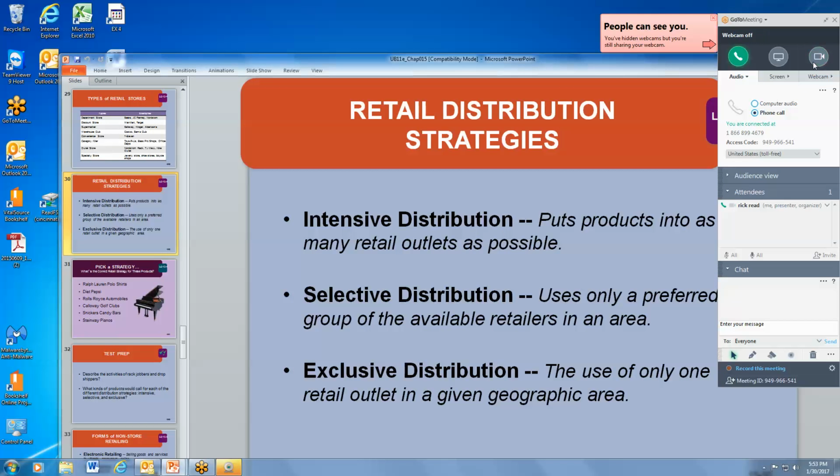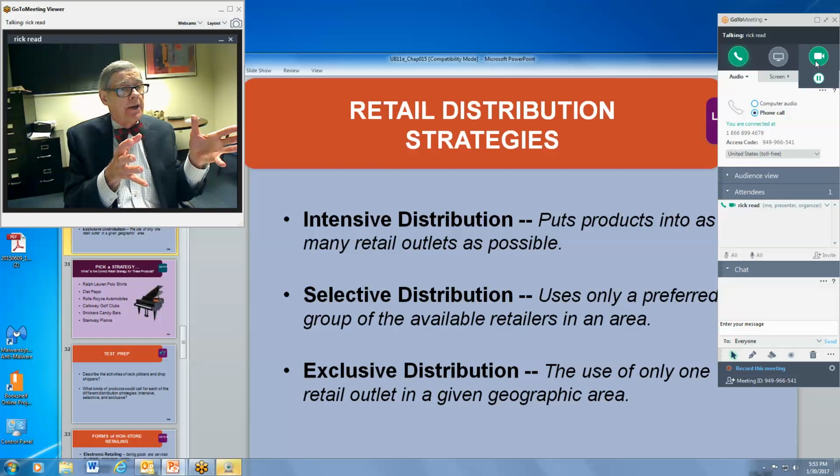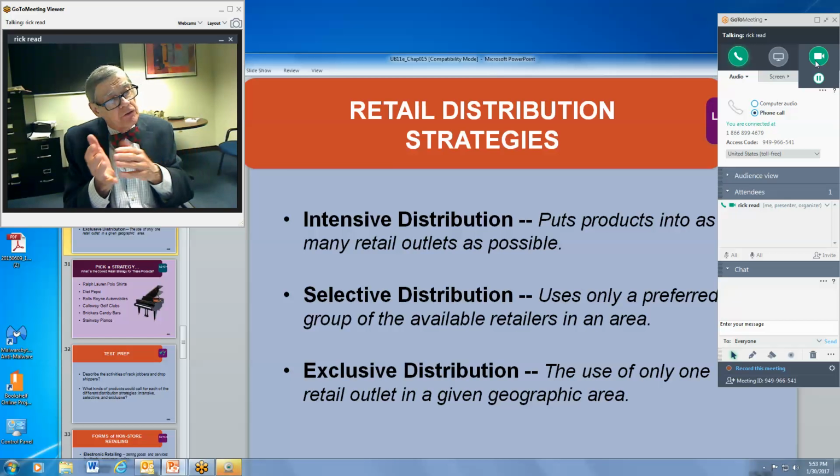There's different types of retail distribution strategies: intensive, selective, and exclusive. Intensive is exactly what it says. They're going to put as many of those products that it makes in as many stores as possible so it saturates the market. Selective distribution is just the reverse of intensive.